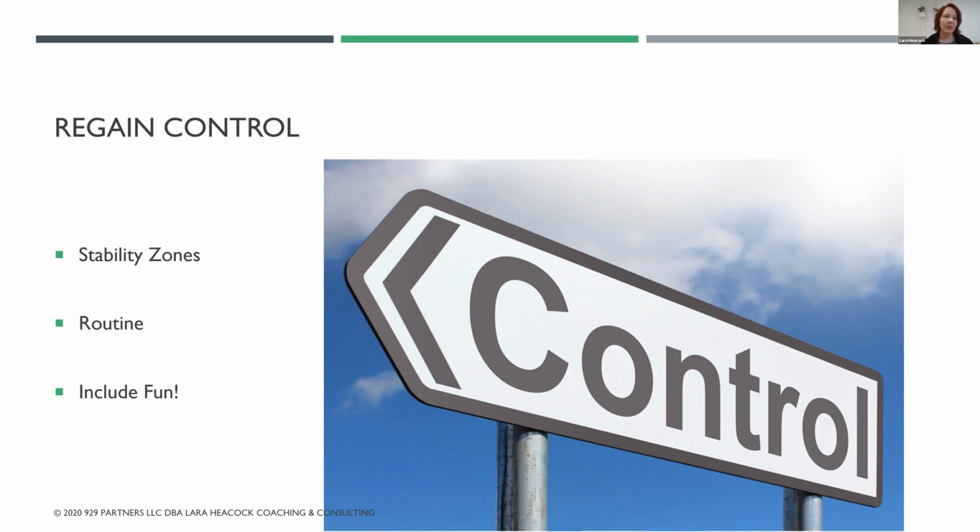My friend Jo Casey, who's an amazing business coach, she's actually in the UK, and I'm lucky enough to mastermind with her, taught me about the concept of stability zones. When things are totally out of control, as they are in the world now, our brain tends to say, oh my God, everything's out of control, 100% of things are out of control.